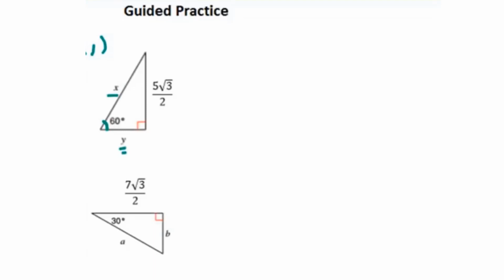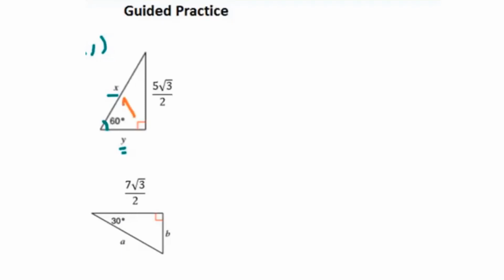First of all, you need to label the sides. Which one will be hypotenuse, which one is opposite, and which one will be adjacent. For me, I always check the hypotenuse side first. So I look for the right angle.